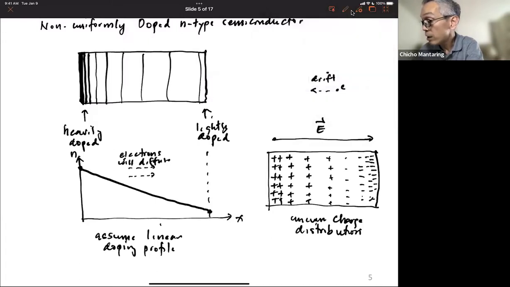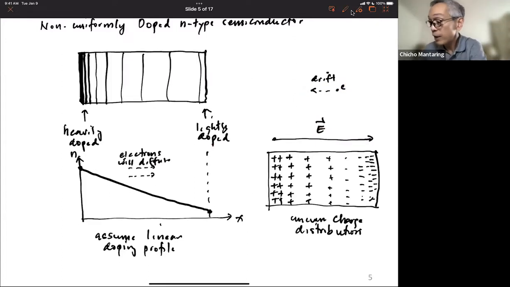Okay, so because of the electric field, your electrons will drift toward the left. So because of non-uniform concentration, may diffusion tayo toward the right, but because of this electric field, there will be drift toward the left.